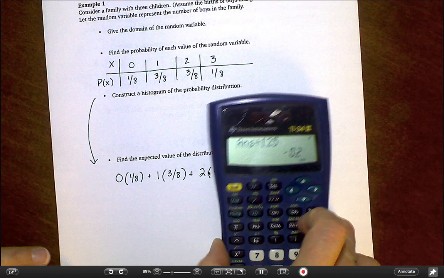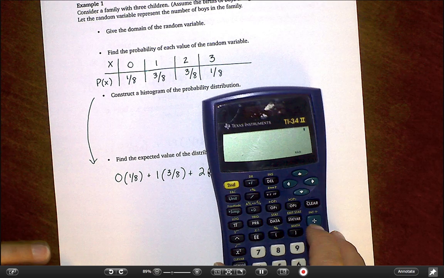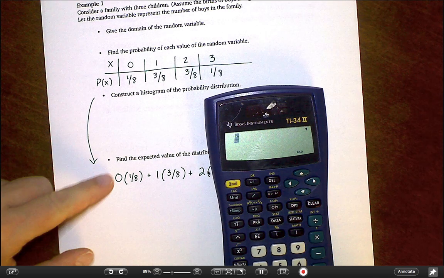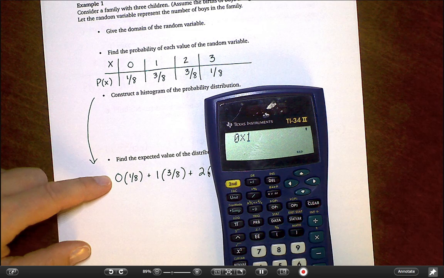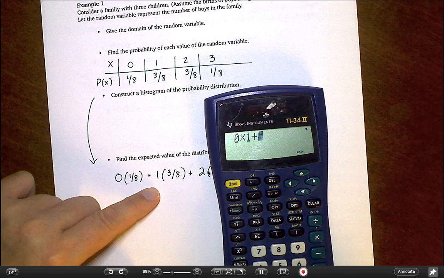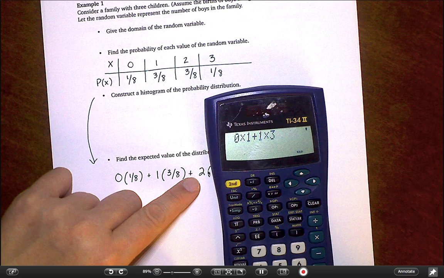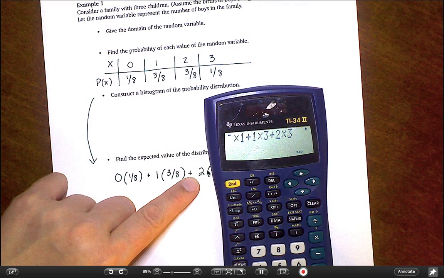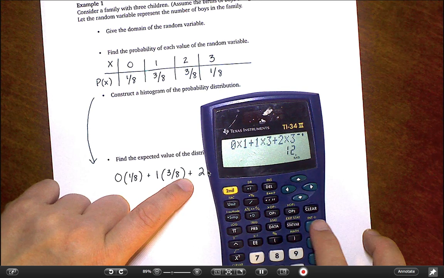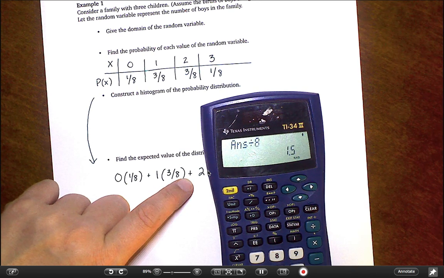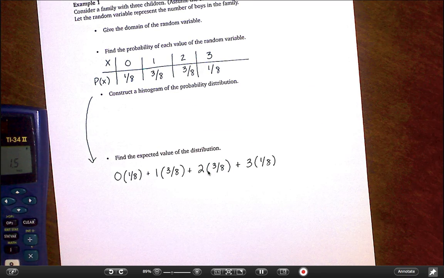When I'm typing this in, I'm going to use my shortcut here, and I don't know that I really need to type the 0, but I will just for argument's sake. So 0 times 1 plus 1 times 3 plus 2 times 3 plus 3 times 1. And then remember, I'm going to take that whole thing at the end and divide by 8. Okay, and I get 1.5.